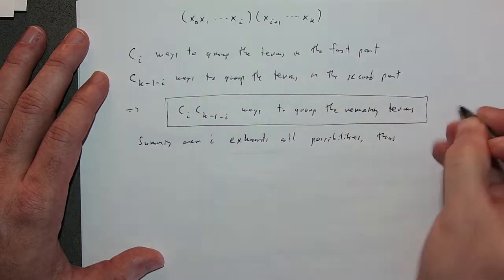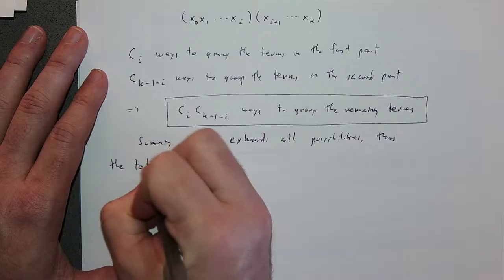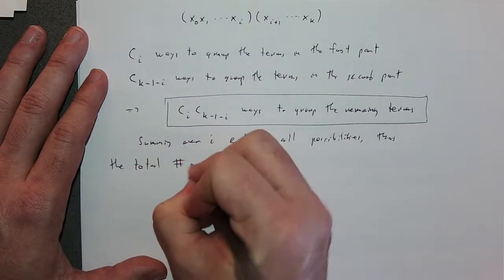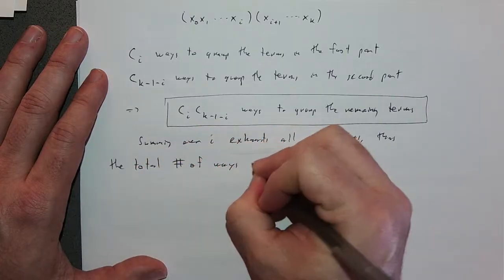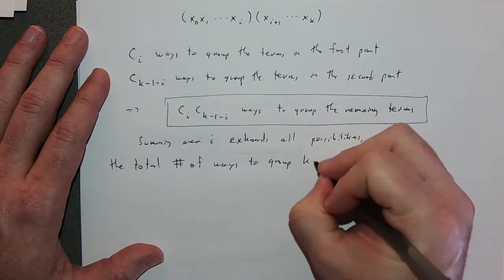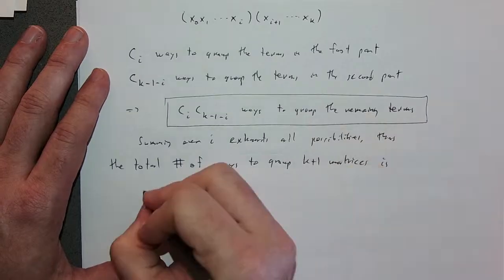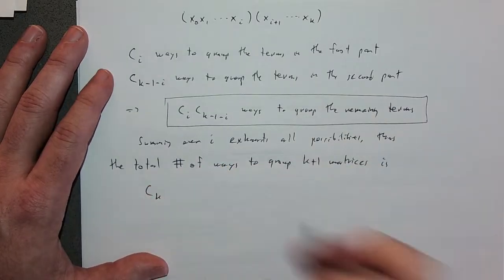Thus, the total number of ways to group k plus 1 matrices is, we called that C sub k.